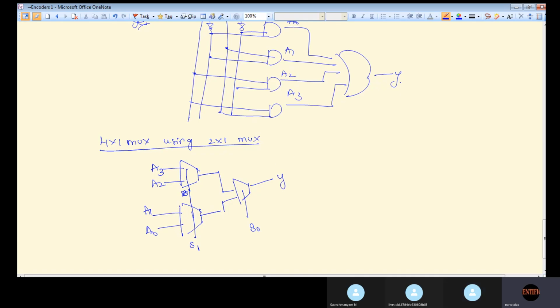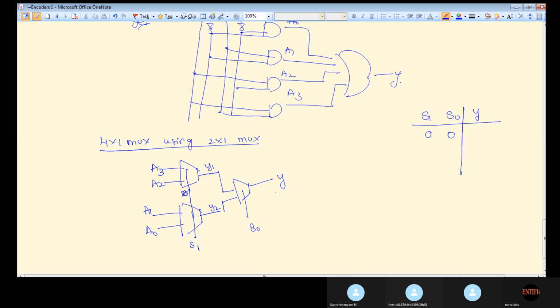Now let us see the combinations. Let us analyze this circuit with S1 S0, and here we will get Y. Let us put S1 S0 equal to 0 0. When 0 0 is applied, what will be your Y? So this is Y1 and this is Y2.